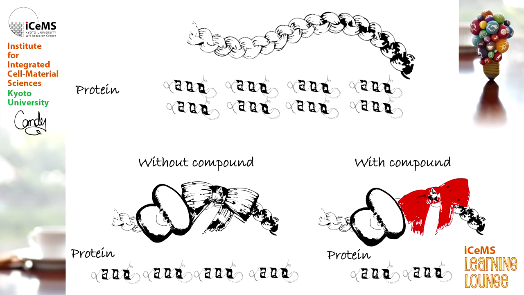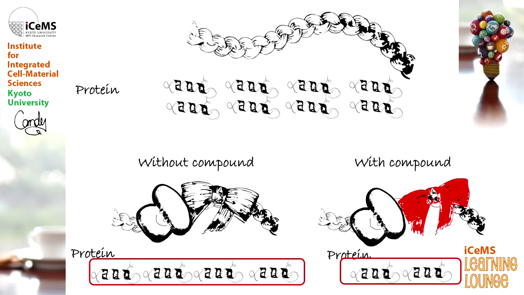This analysis made us believe that it is possible to detect RNA G-quadruplex by detecting the change of this amount of protein. So to complete our strategy, first, we try to look for compounds that have an RNA G-quadruplex structure by screening a chemical library.